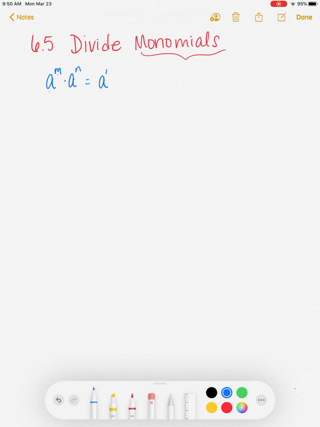That would be a raised to the m plus n. We also could say that if we had some a raised to the m power, raised to the nth power, here we would multiply them. That's a raised to the m times n.